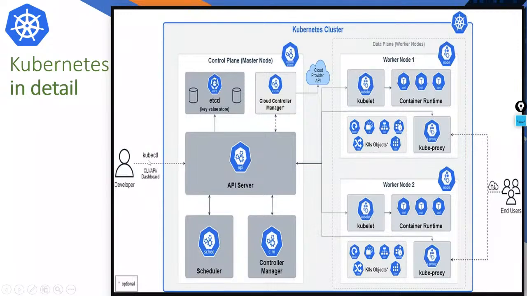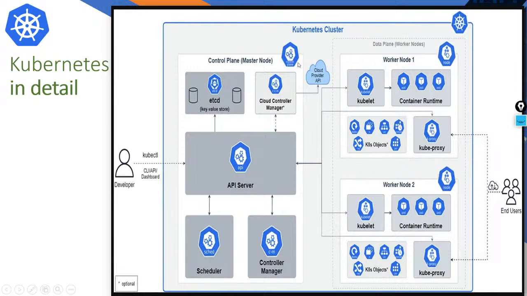Basically, in our learning, we will do simple kubectl commands. Those commands will come over and hit the API server. The API server is the interpreter. It will understand what needs to be done as per the instruction.